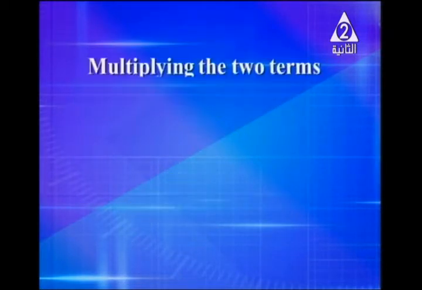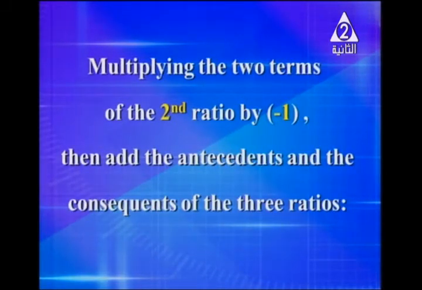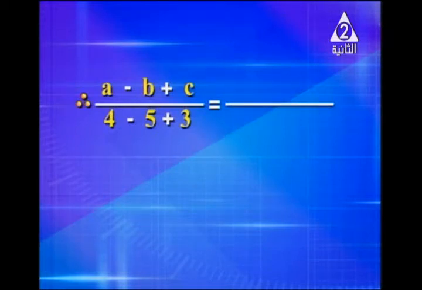Multiplying the two terms of the second ratio by −1, then add the antecedents and the consequents of the three ratios. Therefore (a − b + c)/(4 − 5 + 3) = (a − b + c)/2.